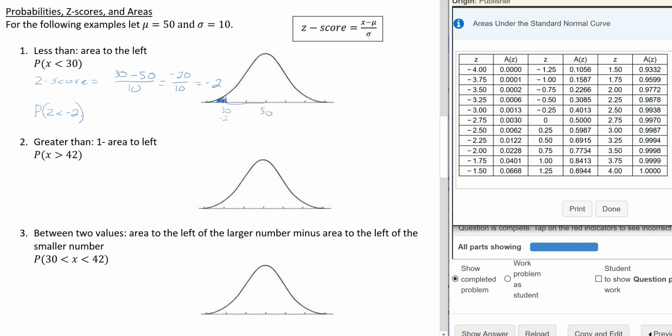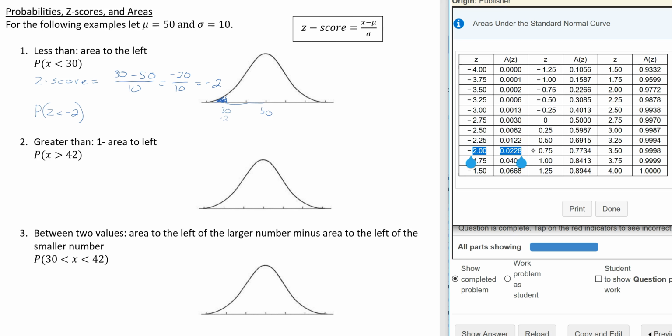In your homework, there's going to be a table, which we find over on the right. This is a list of the areas to the left of a particular z-score. Our z-score was negative 2, so we want to notice that the area is 0.0228.